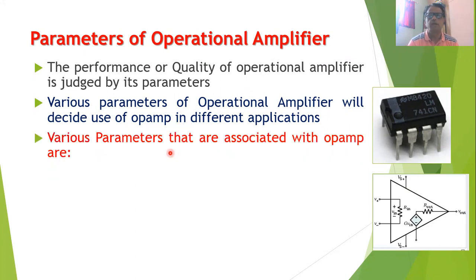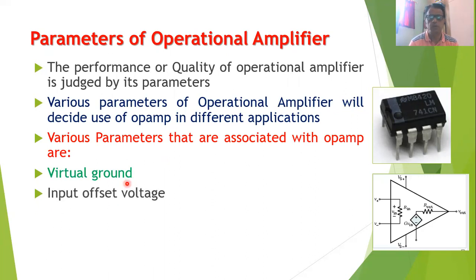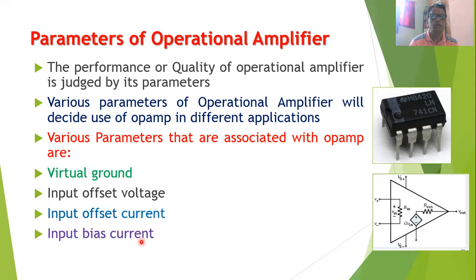You will find that there are various parameters associated with the operational amplifier, for example, the concept of virtual ground, input offset voltage, input offset current, input bias current, and the slew rate, which are the most commonly used parameters in case of the operational amplifier.